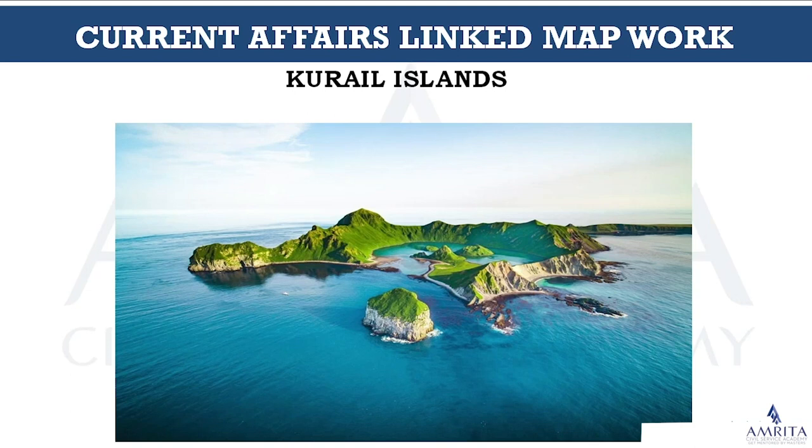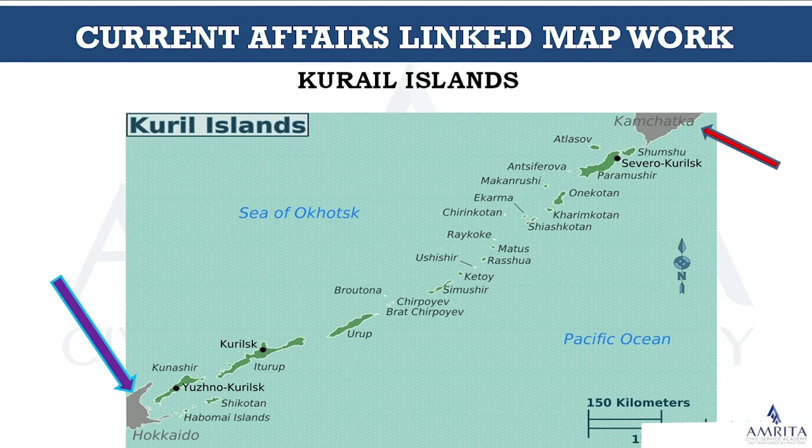This is an actual picture of Kuril Islands, such a beautiful island located in the northern Pacific, connecting Japan, northernmost island of Japan, that is marked by that violet arrow, Hokkaido Island. From that Hokkaido Island, some small island starts till Kamchatka Peninsula. These island groups are known as Kuril Islands.